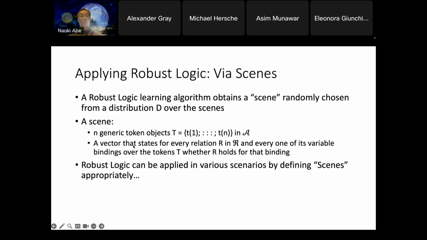And the scene provides a vector that states, for every relation under consideration and every variable binding over the tokens, whether each relation holds for that binding. And by appropriately defining these scenes, you can apply robust logic to many different kinds of application scenarios.